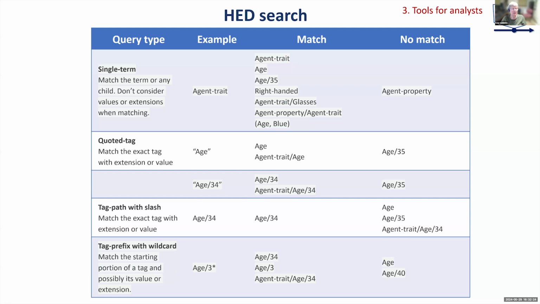Now, if you put a tag with a slash, then it will expect that it matches Age and its extension. And finally, if you use a wildcard, then it'll match Age/34, Age/3, or some of these, but it won't match Age/40.